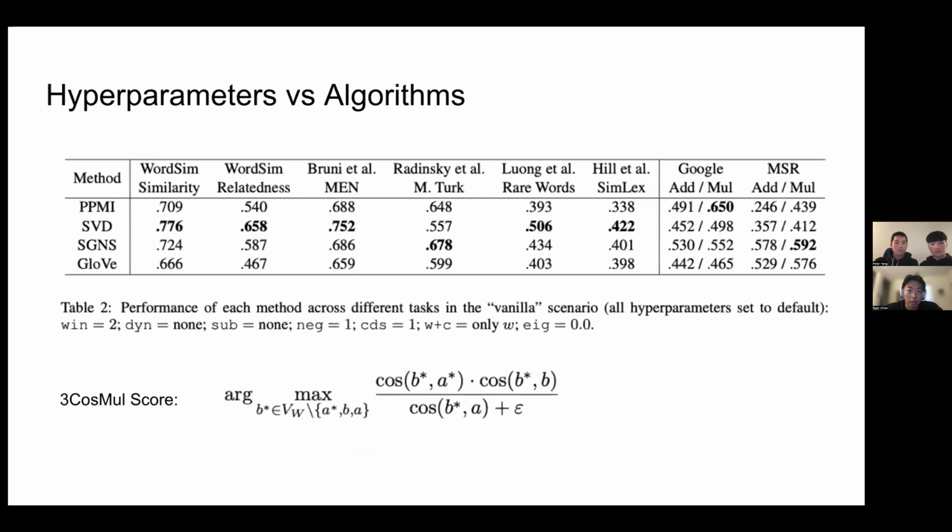And so getting into the results, this first table that we're going to be going over is showing the comparison between the hyperparameters in each of the 4 algorithms that we discussed. Specifically for this table, we're using a combination where the window size is 2 and it's not dynamic. We're taking no negative subsampling, no context distribution smoothing with alpha equal to 1, only using the word embedding without the context embedding, and we're using the default eigenvalue weights with P equal to 0.